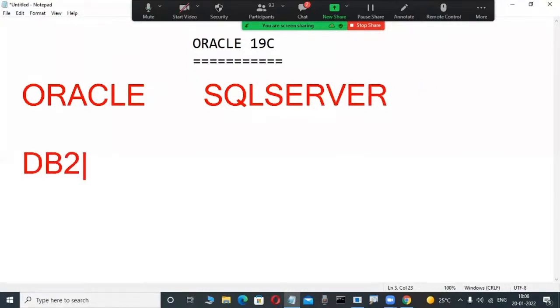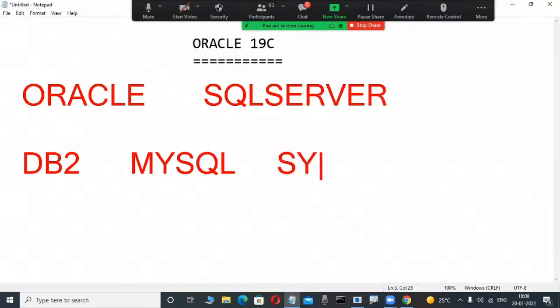DB2 is a database product from IBM. MySQL is an open source database product, but nowadays Oracle Corporation has purchased it. Again, Sybase is a database product from Ingres Corporation.